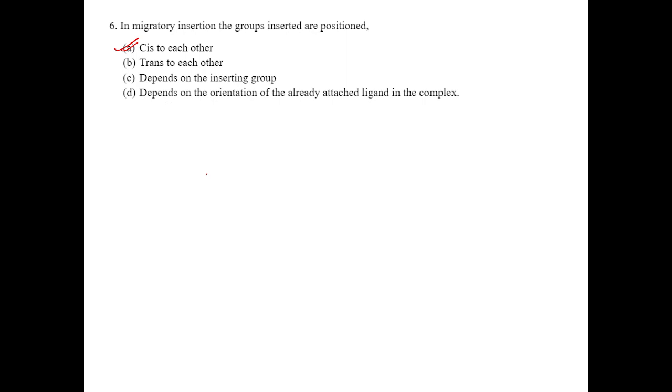So I will give you an example. I'm not going to write any actual complex. Let's say there is carbon monoxide, and this is an octahedral type of complex. This methyl can do the alpha methyl migratory insertion with carbonyl.